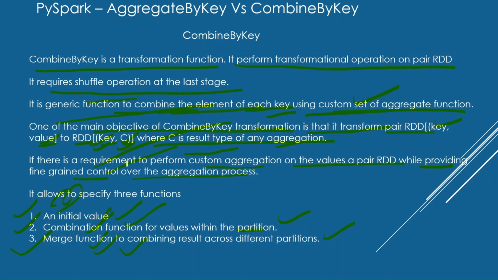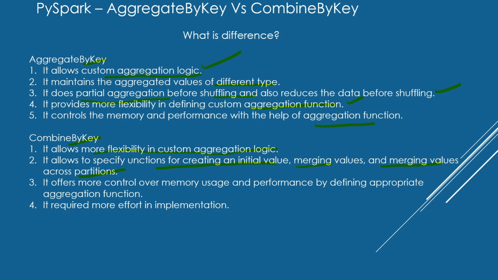So let's talk about this. First, this is the initial value. It initializes the accumulator on each partition. Here, the combination function combines the values of each key within the partition, and the merge function accumulates all the results from the different partitions and gives you the final result. So this point is talking about that.